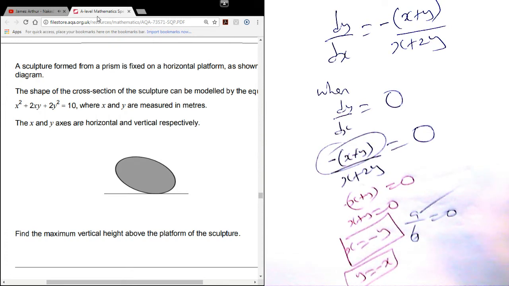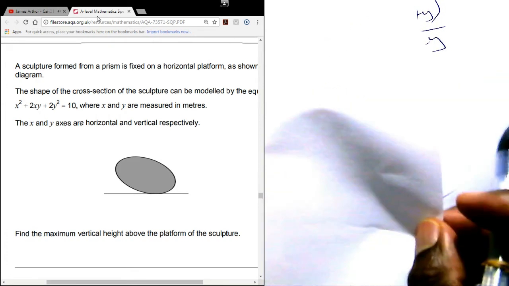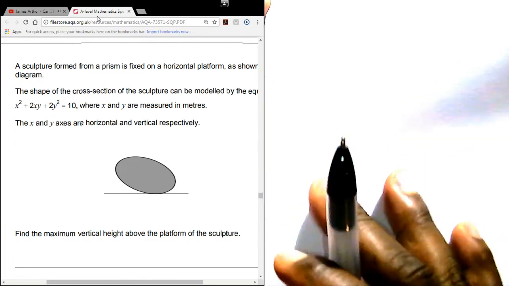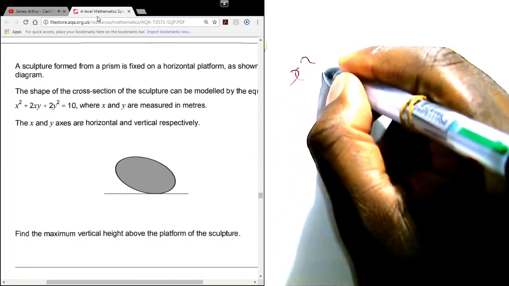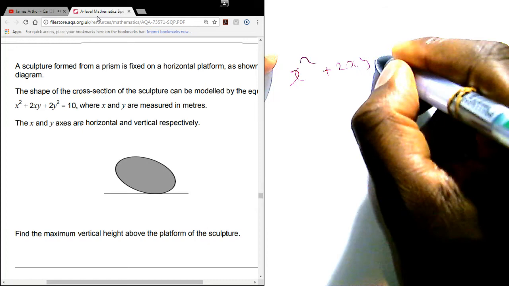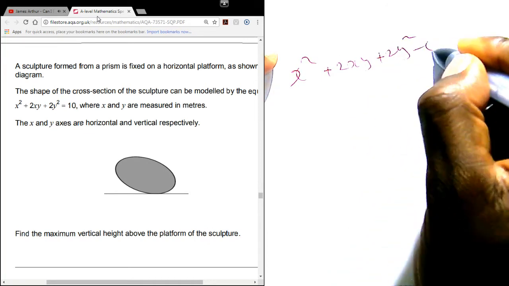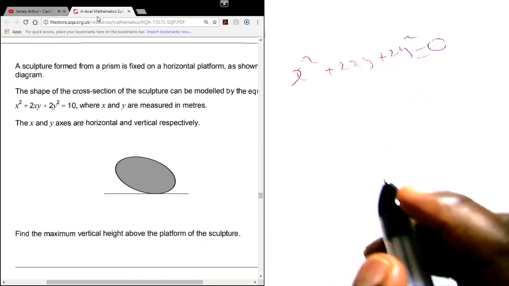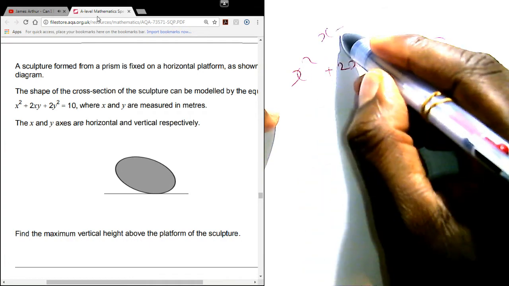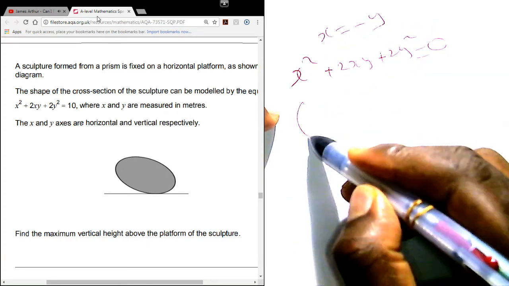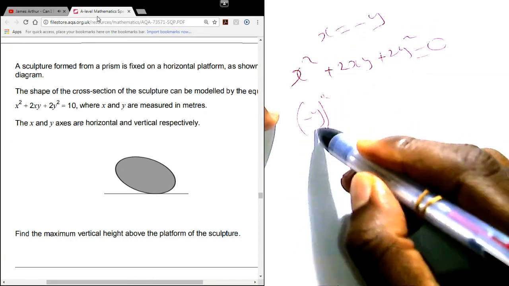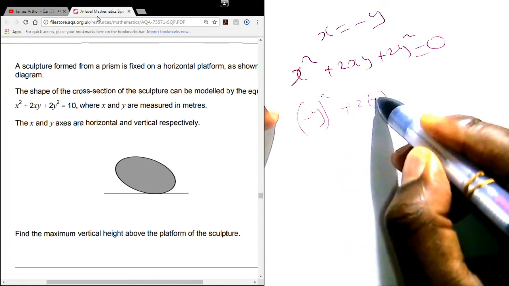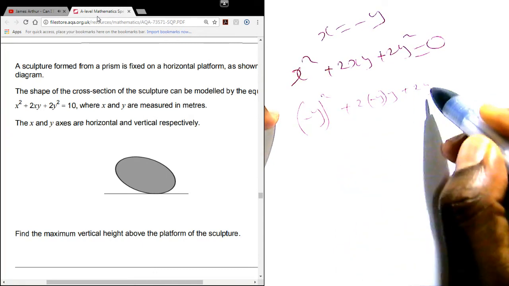So going forward, if x equals negative y, and we already have x squared plus 2xy plus 2y squared equals 0 as the equation, and someone is telling us that x equals negative y, that means I can replace my x with negative y. Wherever I see x, I can put negative y there.